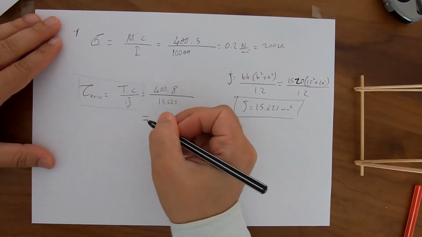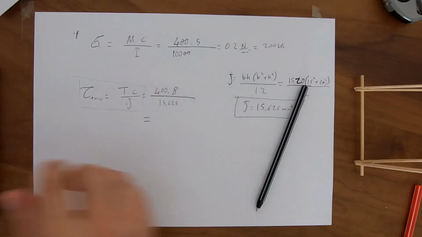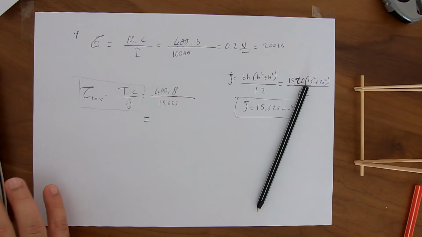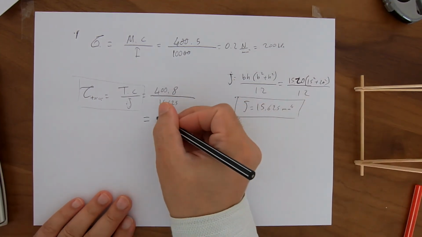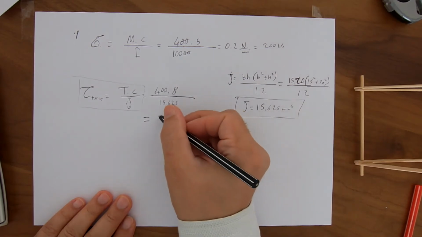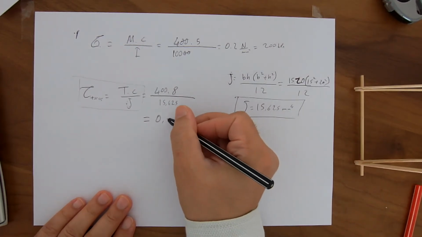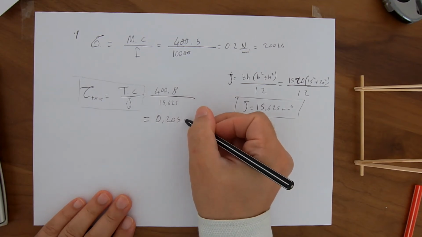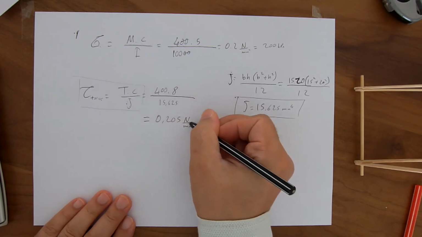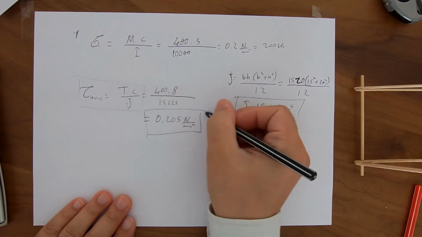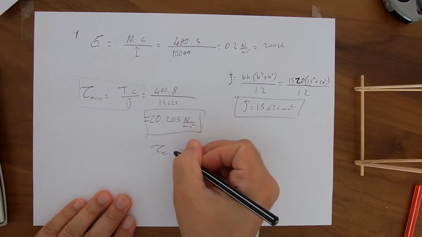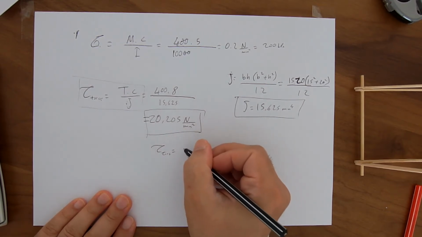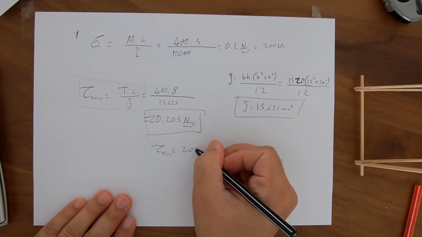And doing the calculation using this formula, the result is 0.205 Newton over millimeter square. So it is again tau torsion. This is 205 kilopascal.